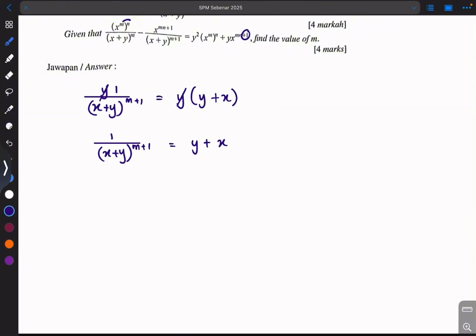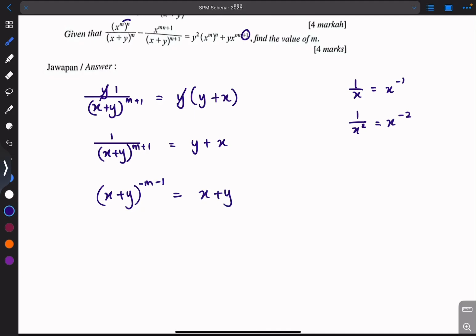Okay, so since this is 1 over, we can make this into x plus y power negative m minus 1, because 1 over will make it into negative. If we have 1 over x, this will become x power negative 1. If 1 over x square, x power negative 2. So we just make the power negative, equals to this y plus x, which can be written as x plus y power 1.